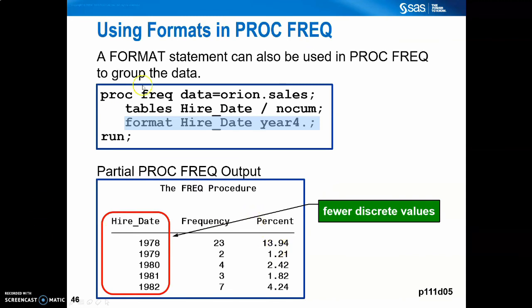So in order to get the data on a yearly basis, we have to change the format of Hire_Date to the YEAR4. format. After we submit, we get data values on a yearly basis, with fewer discrete values compared to the previous one.